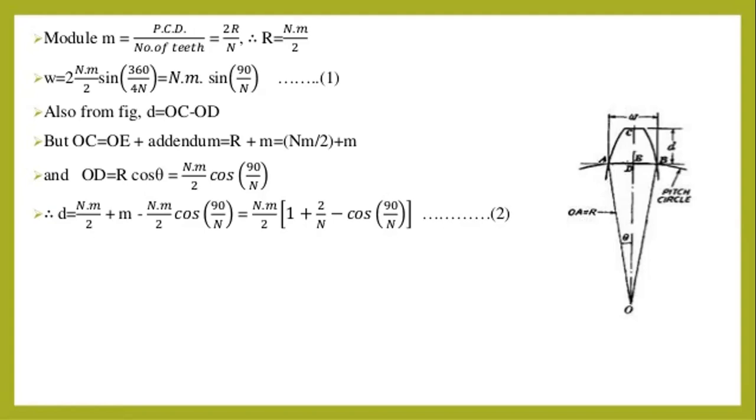So 2 into R, where the R value is N into m by 2, into sine 360 divided by 4N. In total, we got N into m into sine 90 by N. So this is the first equation.